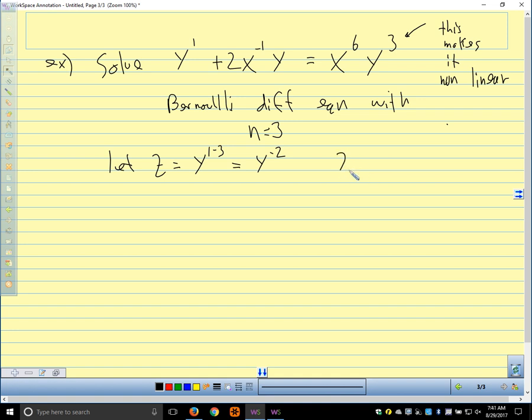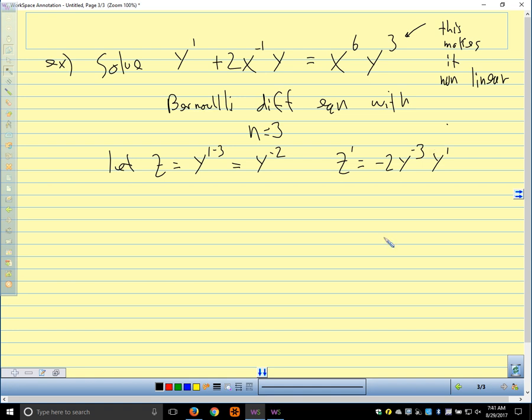Z prime equals, we'll take the derivative of this, minus 2y to the minus 3, y prime, because y is a function of x. This is part of the reason we do this, because we want to get rid of that y to the 3rd.